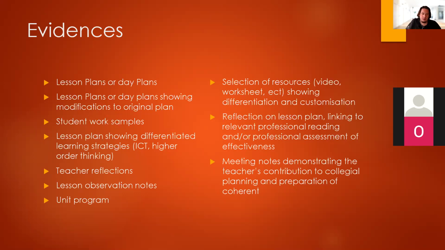But if you're able to incorporate things like individual learning plans or discussions that you've had in the faculty class in regards to you teaching that class, or if you've been able to talk to the teacher prior and been able to say, are there any students I should look out for in terms of their learning, and how I can differentiate? This will be a benefit, because then if you included that in your lesson plan, either prior when you've written it up or with a pen, you've just added it in, that will count as evidence for standard 2.